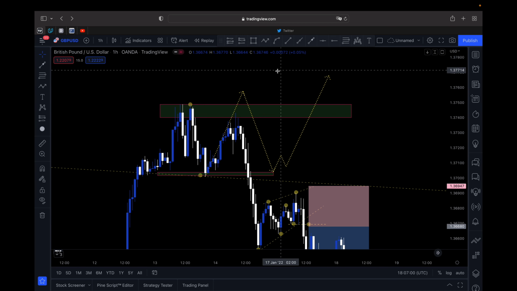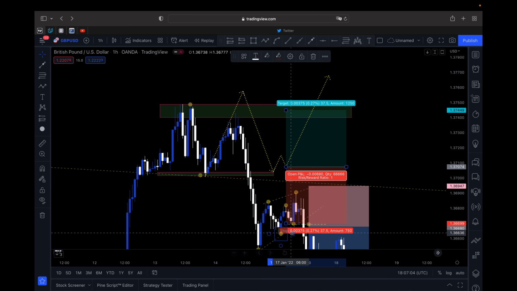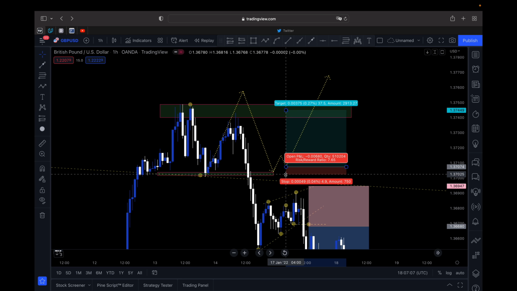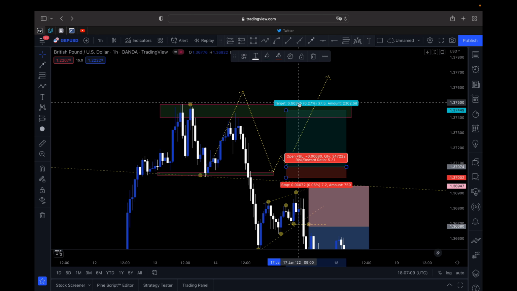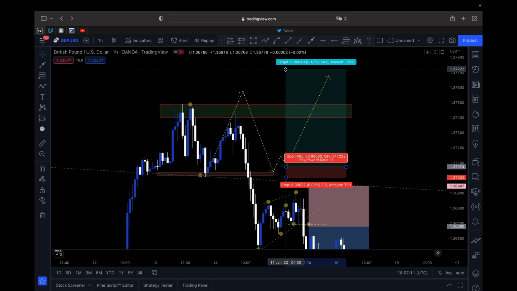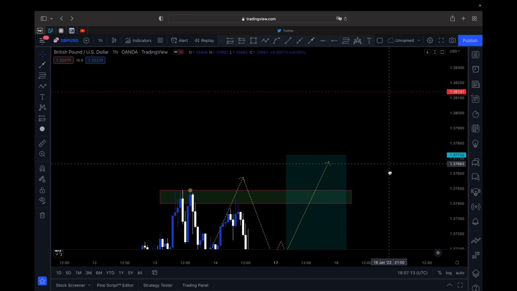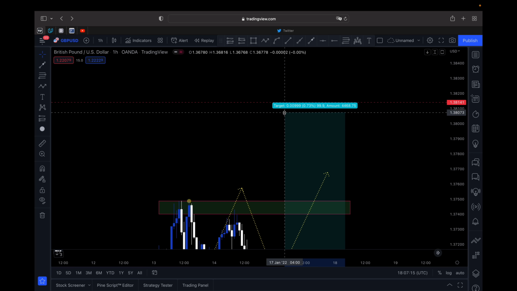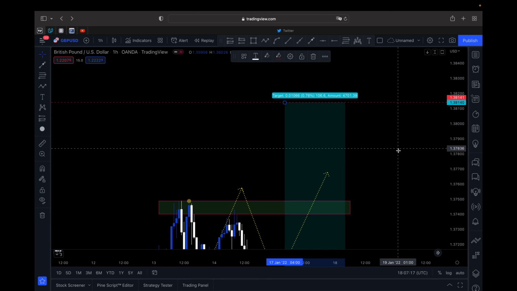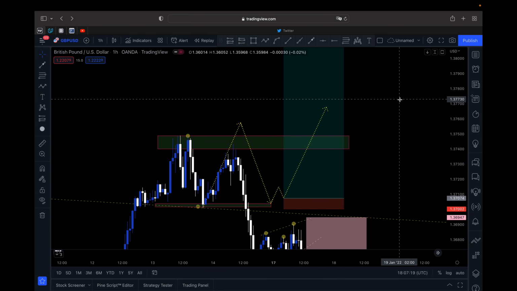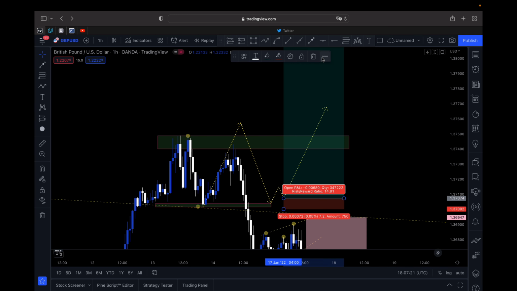I would take my entry from here, with my stop loss below here, and the target above at the new high, to the nearest resistance level, which is around here. But price did not go this way.